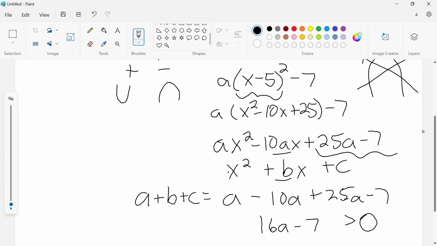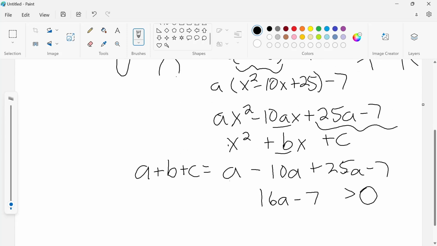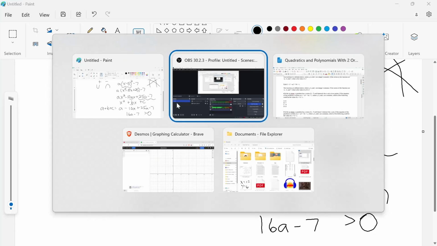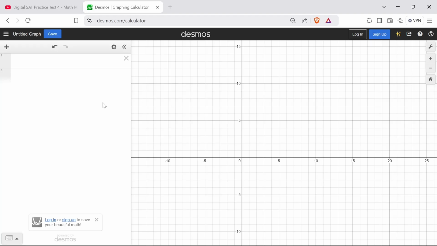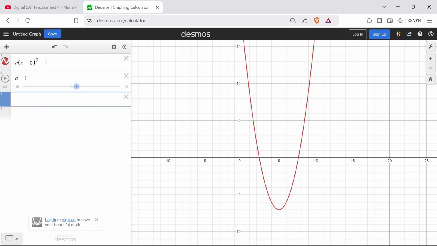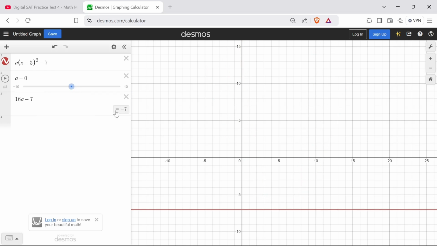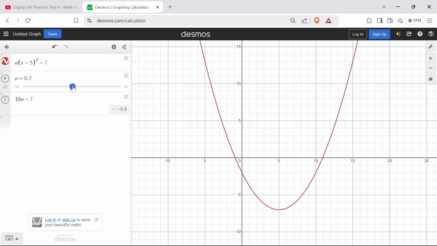And so now maybe I have enough to do this on Desmos. I'm going to put this in here: a times (x minus 5) squared minus 7. And then I'm going to make a slider for a. And then I'm going to do this 16a minus 7. And here a is positive. It's 9. Now I'm going to go down to a is 0. Remember, we know a has to be positive for this to be an upward parabola.